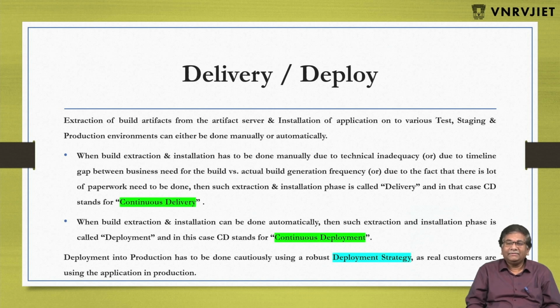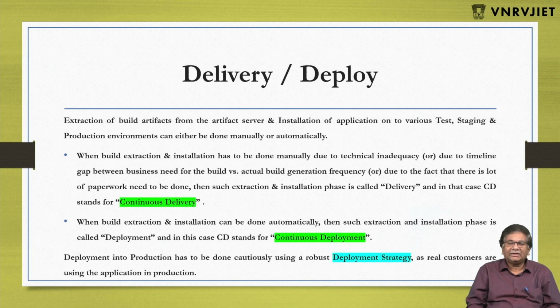And the third reason is the fact that there is going to be a lot of paperwork. Sometimes IT teams may not be that efficient, so they might say, oh no, we want to do a lot of paperwork. It takes time, it's not possible. In that case also we might go for a manual process. Then in that case, we call CD continuous delivery, not deployment.